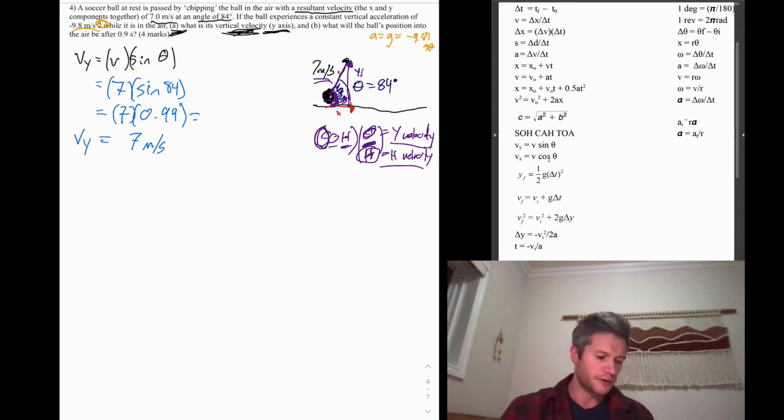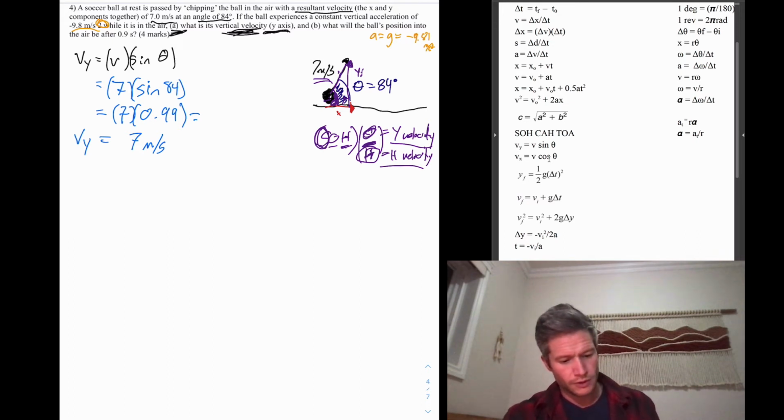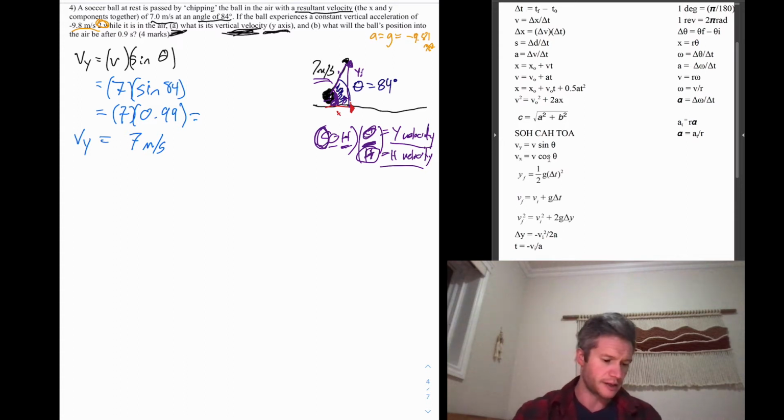Maybe I'll calculate for sure just so you can see that. Yeah, so it's 6.93. Again, we could leave it at that, or round up. So I guess for this, let's just go with that.